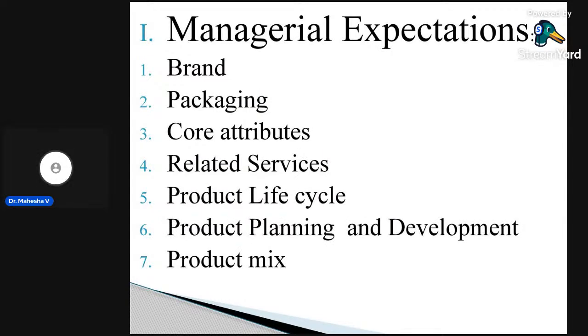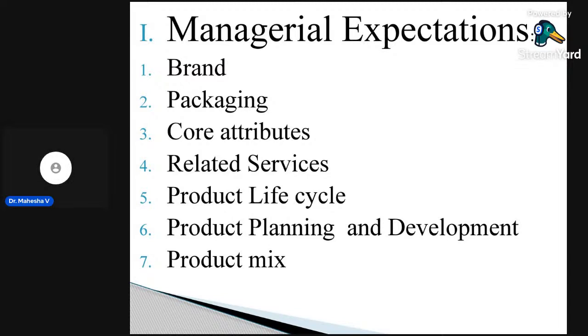The managerial expectations. The management normally starts from the brand. What is the brand for the product which I would like to produce, or which I would like to penetrate inside the market?